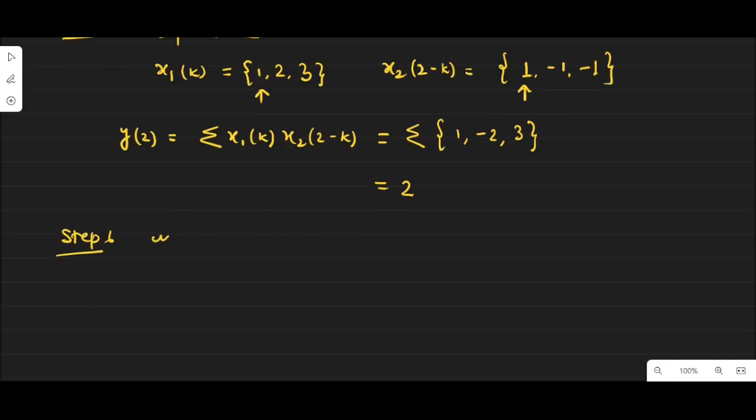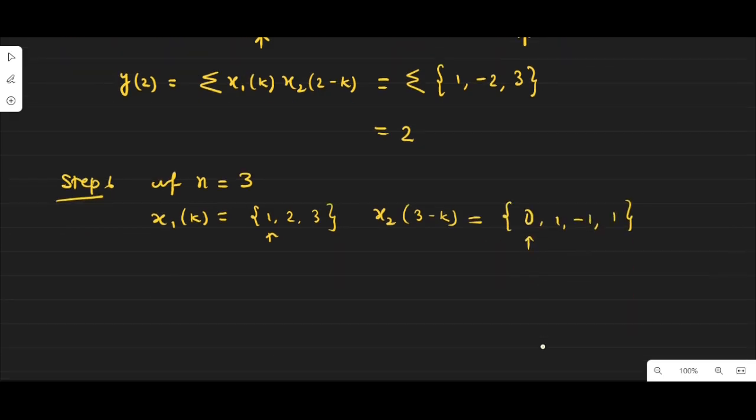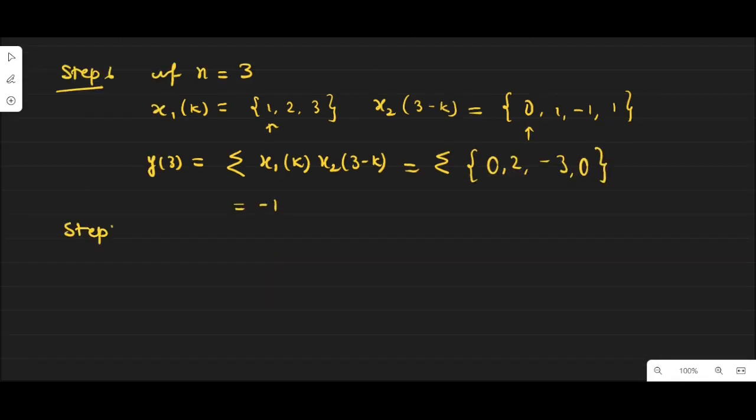Next, step number 6, n equal to 3. Here x1[k] is 1, 2, 3 and x2[3 minus k] is 0, 1, minus 1, 1. So y[3] equals the summation of these products: 1 is multiplied with 0, so it is 0, 2 is multiplied with 1, so 2, 3 is multiplied with minus 1, so minus 3, and for the last there will be an assumed 0. So it will be minus 1.